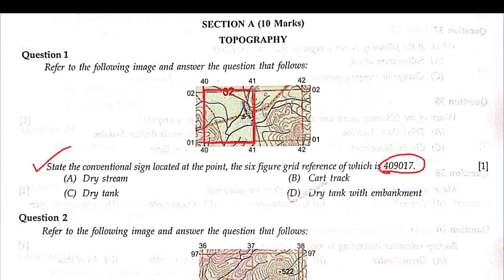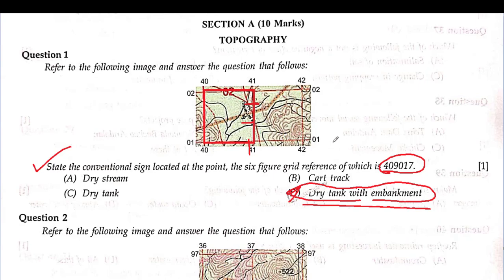In this grid, what type of features is there? 409 should be here and 017 like this, so they meet in this position. Here you can see island symbols. It should be with embankment. Embankment means a dam-like structure.